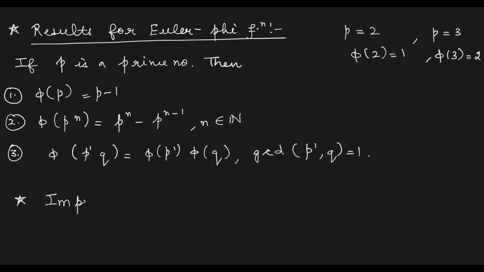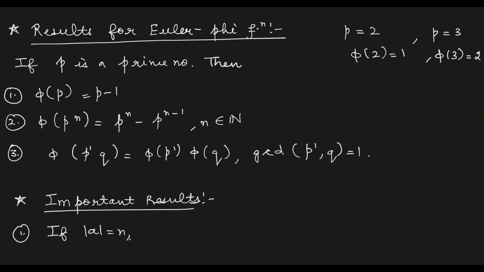Some more important results for cyclic groups. First, if order of a is equal to n, then order of a to the power k is equal to n upon GCD of n comma k.